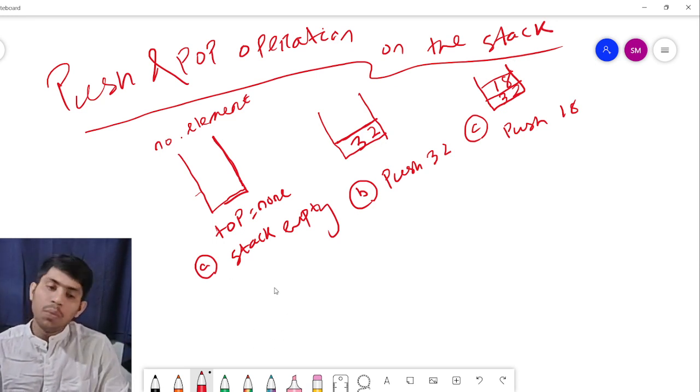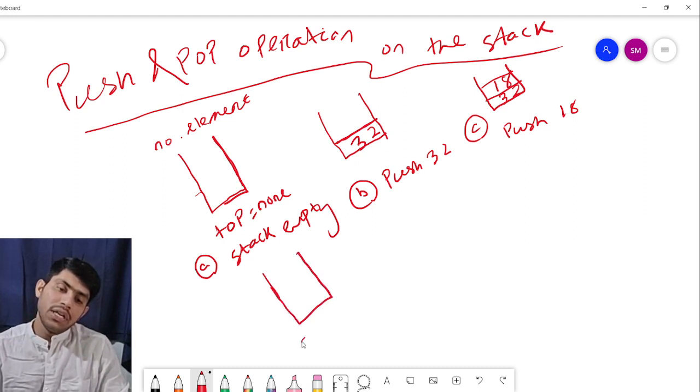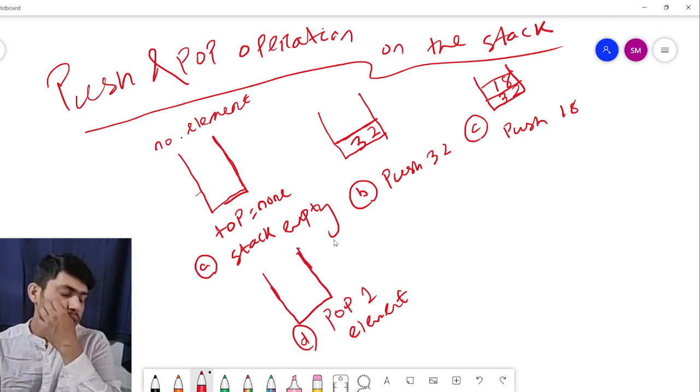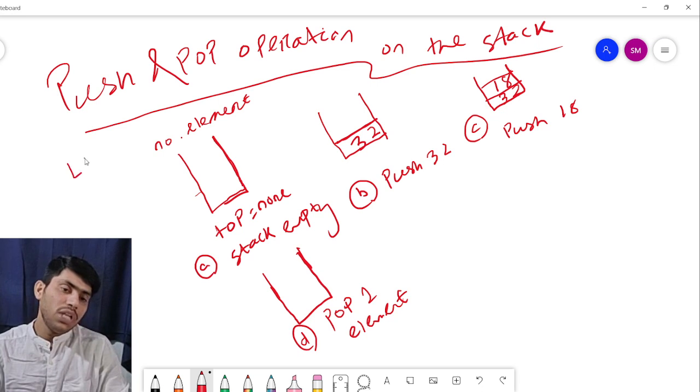Then in D, pop one element. Which element will pop now? Last in, first out order. As you know, who is last in? 18.